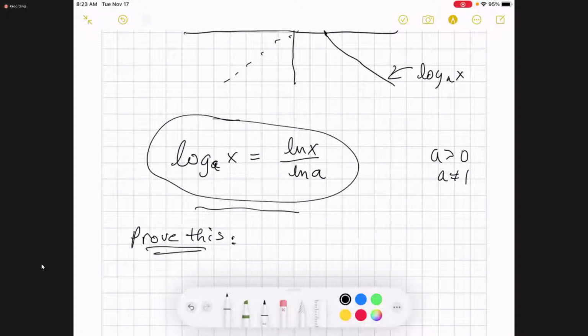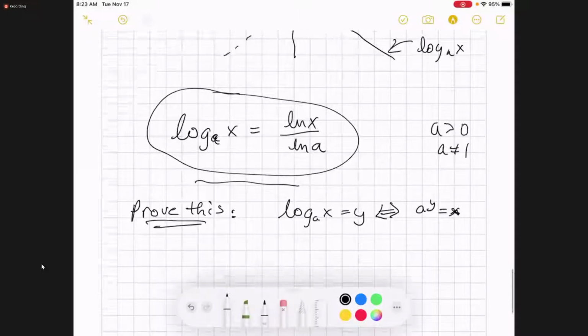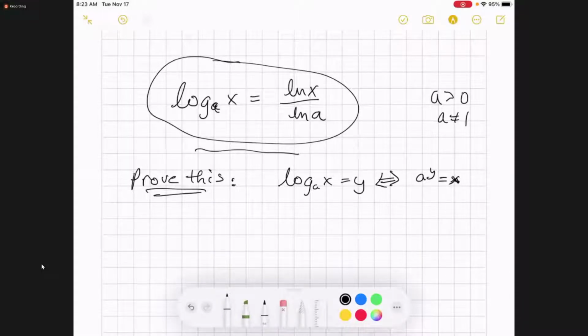If log base a of x is y, going back to the definition, that's equivalent to saying that a to the y is x. And we also had the definition that a to the z is e to the z ln of a.